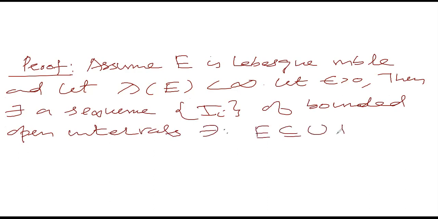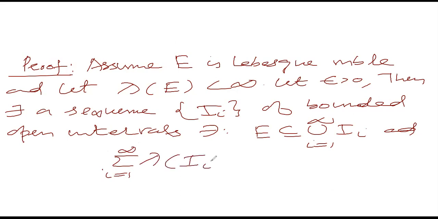E is a subset of the union of I_i, i from 1 to infinity, and this holds: the summation, i from 1 to infinity, of the Lebesgue measure of I_i is less than the infimum plus epsilon.